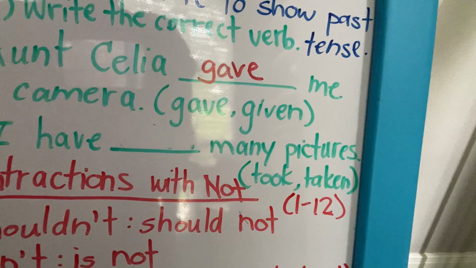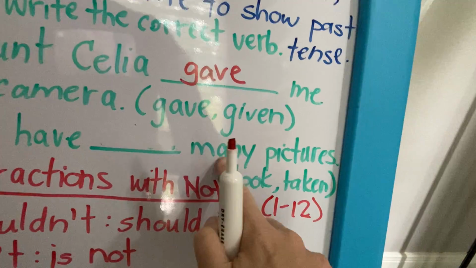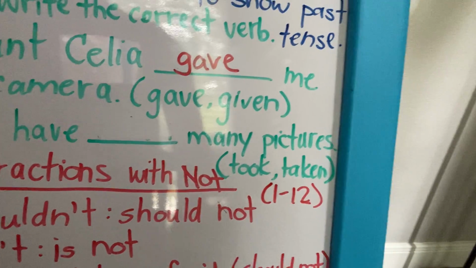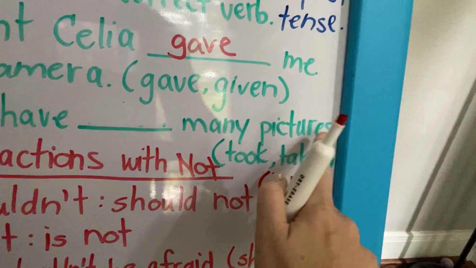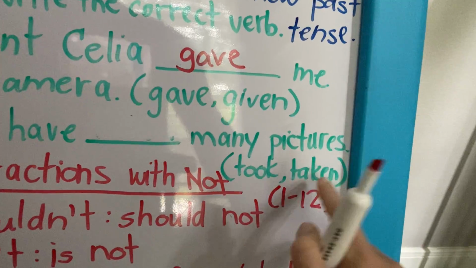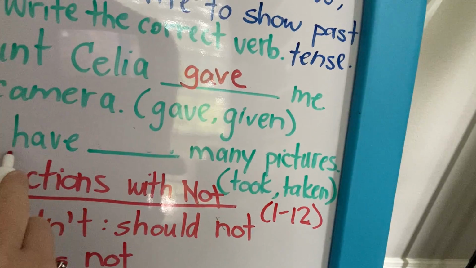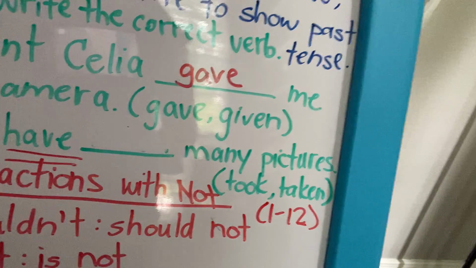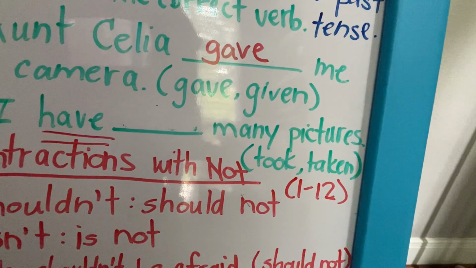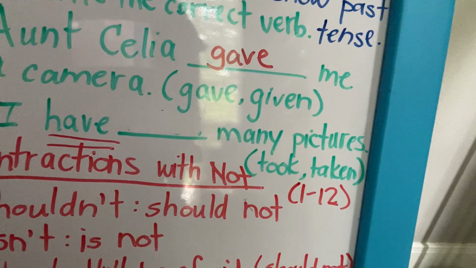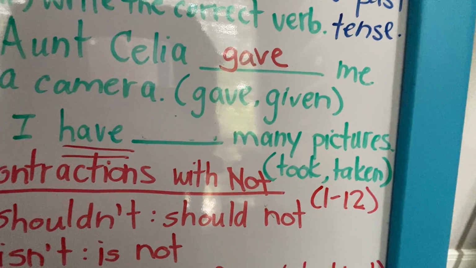Then the next example, I have blank many pictures. Is it I have took many pictures or I have taken many pictures? Well, have is a helping verb, and it is a clue, which is past tense.